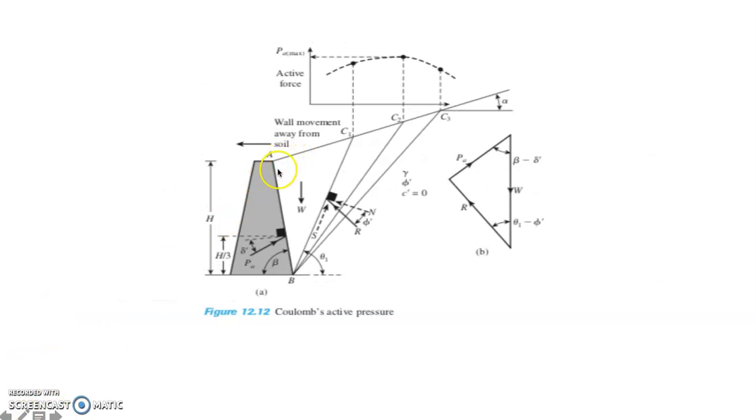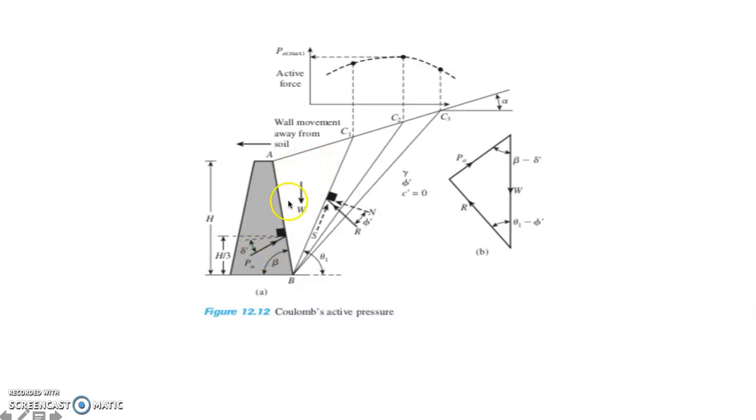So this is the possible failure surface of our backfill. You have the weight of the wedge due to the presence of the soil, your resultant force, the resisting force, the normal force, and the total active force.